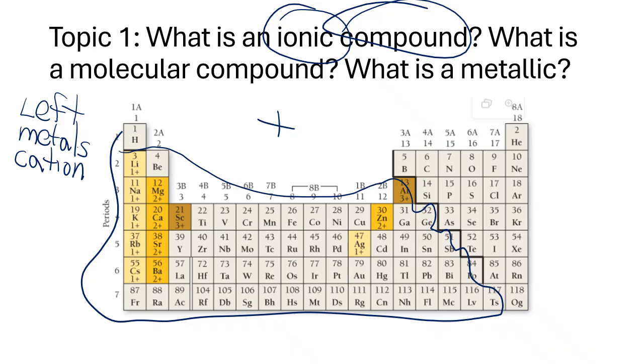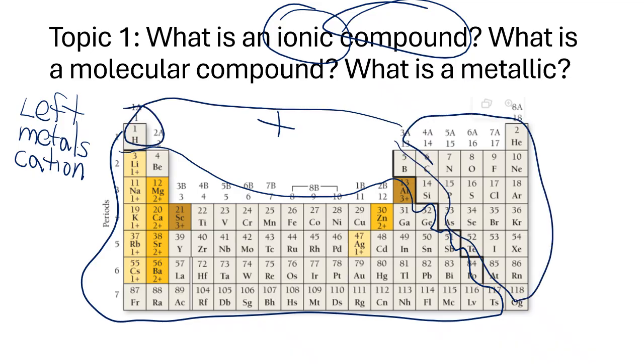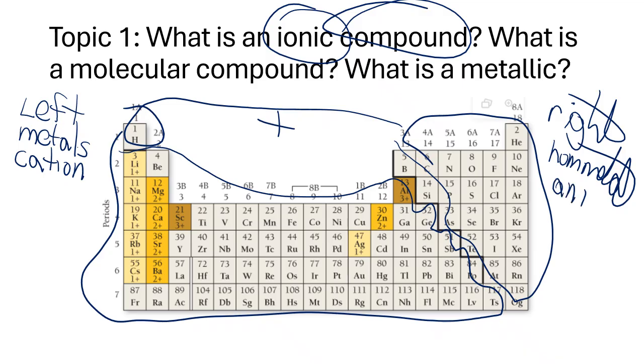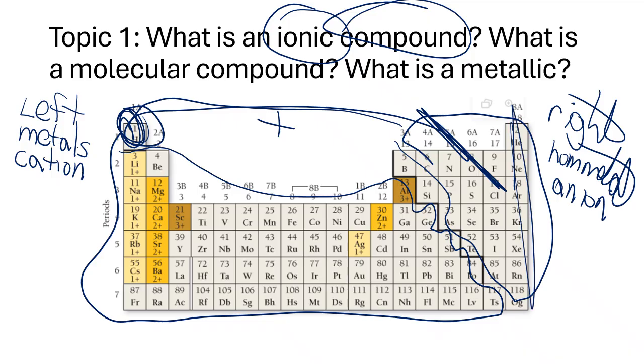And something on the right side of the periodic table, which is going to be a nonmetal, or an anion. And notice how hydrogen is included on that right side of the periodic table. I did include noble gases when I circled them, but generally speaking, they will not form ionic compounds.